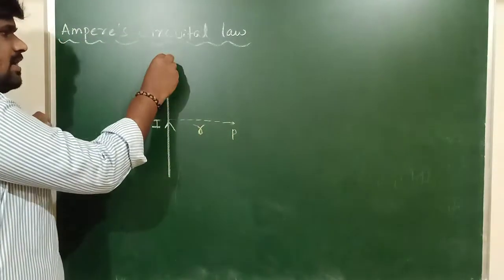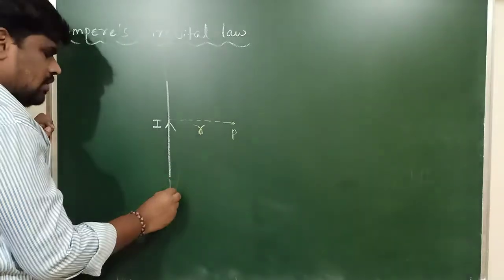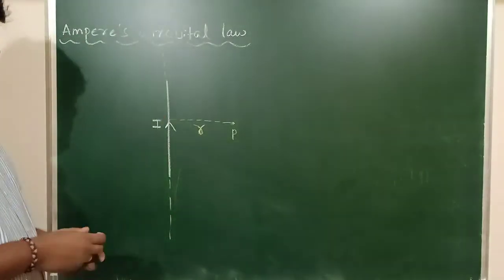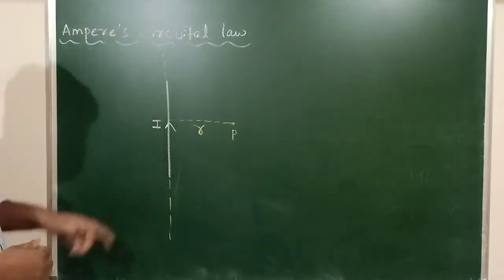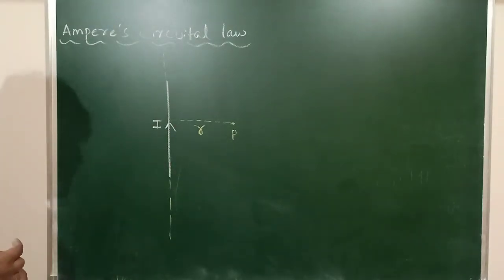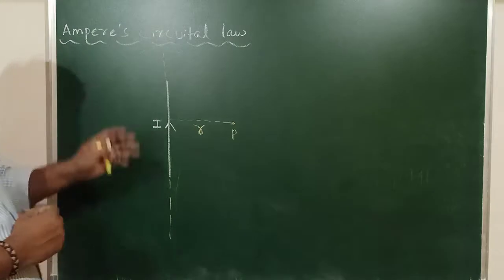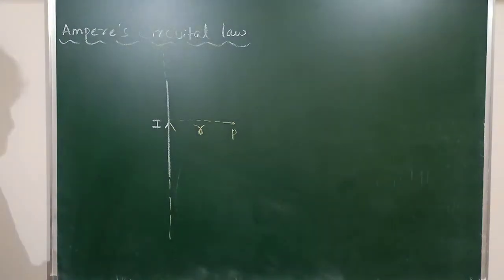So here is the current carrying conductor of almost infinite length. P is a point which is at a distance R from our current carrying conductor, and at that point P we want to determine the magnetic field.